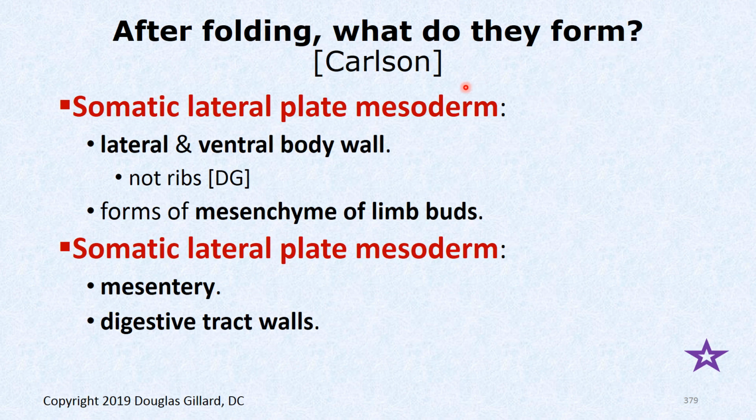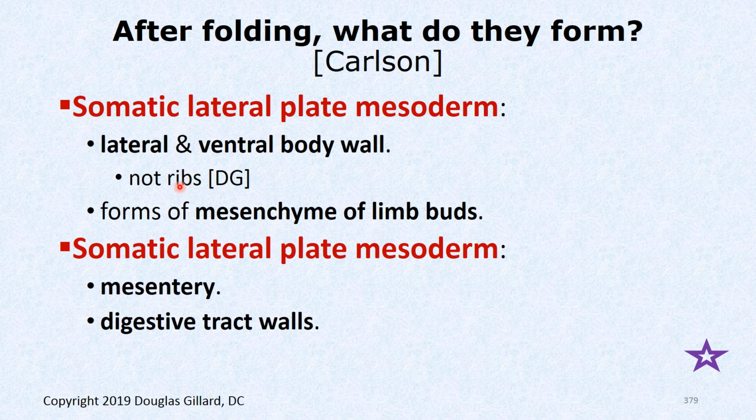And after folding, the somatic lateral plate mesoderm is going to make basically the lateral and ventral body wall. So that's all the flat muscles, rectus abdominis, and the external oblique, internal oblique, transversus abdominis. That's the lateral and ventral body wall. Right? Not the ribs, though. It doesn't include the ribs.